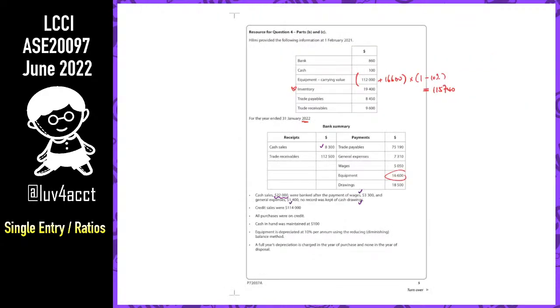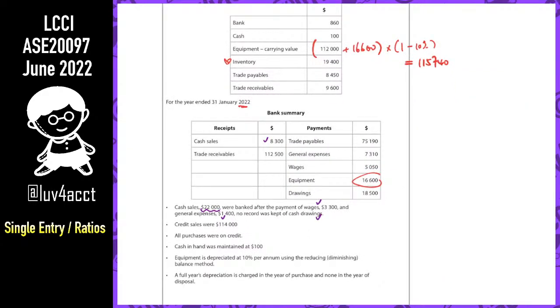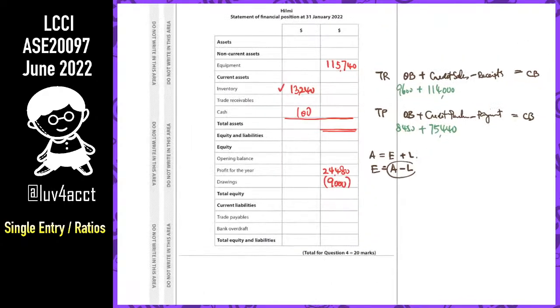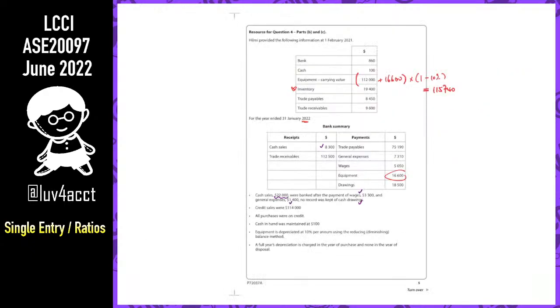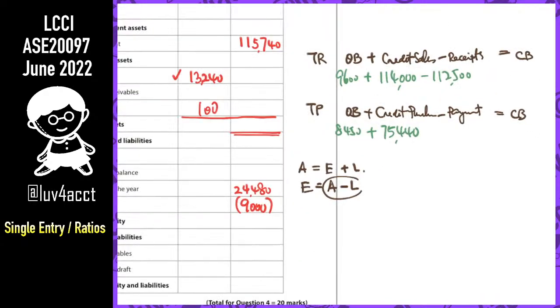Receipts and payment given to us in the bank summary: receipts 112500, and then payment 75190. Then here comes our figure 11100.